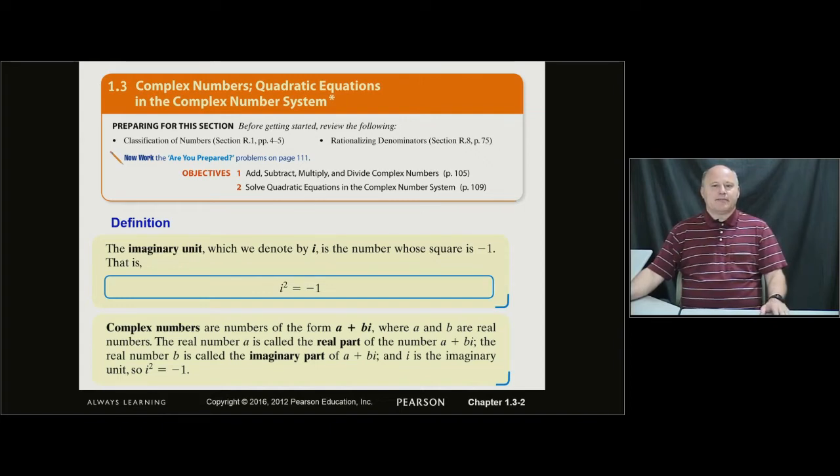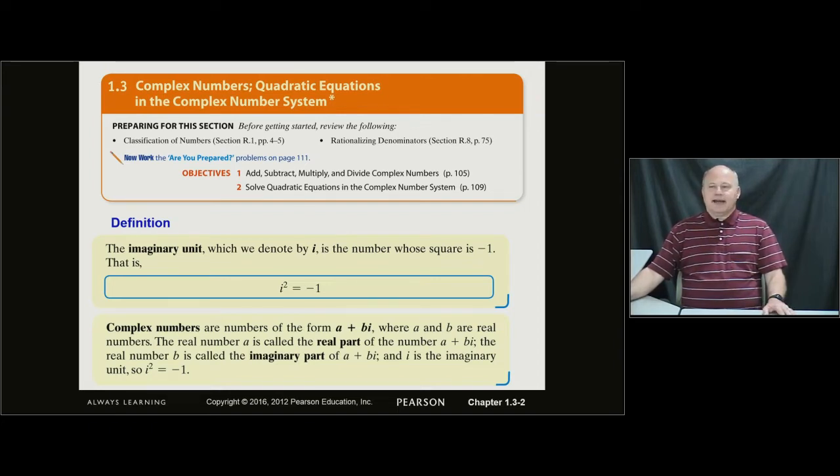For example, if you have 2 plus 3i, 2 is the real number, 3i is an imaginary number, but put together, 2 plus 3i is a complex number. That's the distinction. Like I said, a lot of people believe imaginary numbers and complex numbers are the same thing. It's actually that the imaginary numbers are a subset of the complex numbers. So that's how it works.